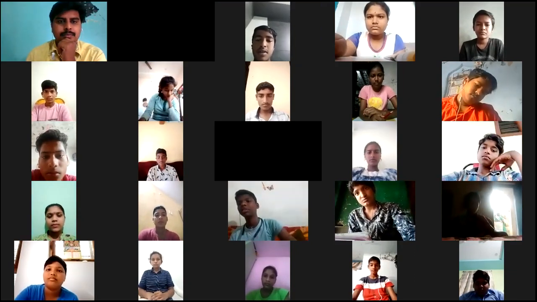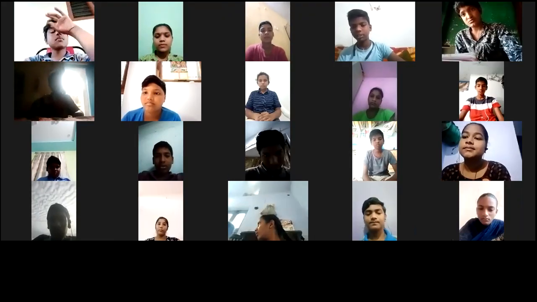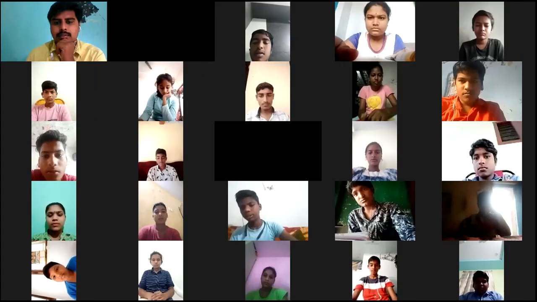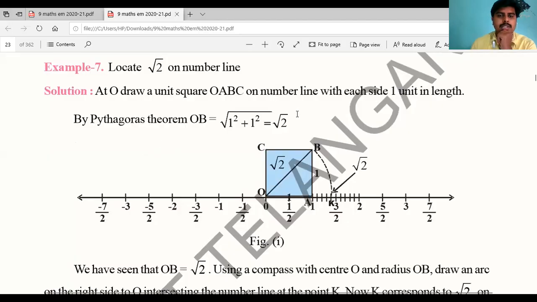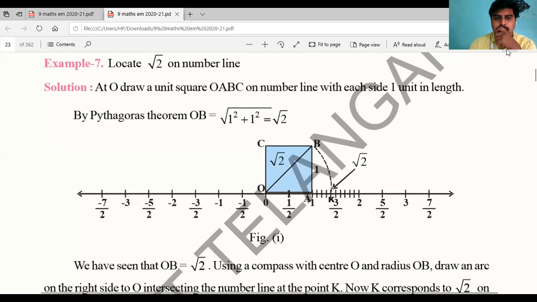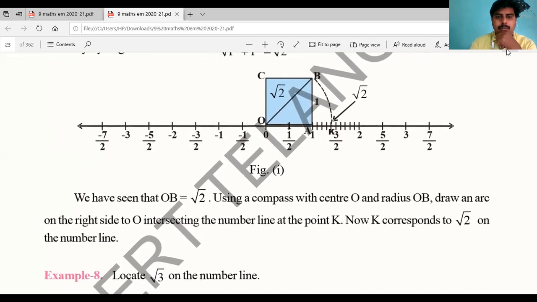Yes, Nana. This is about root 2, Nana. Using a compass, with the center O and radius OB, draw an arc on the right side to the other side. Okay, very good question.